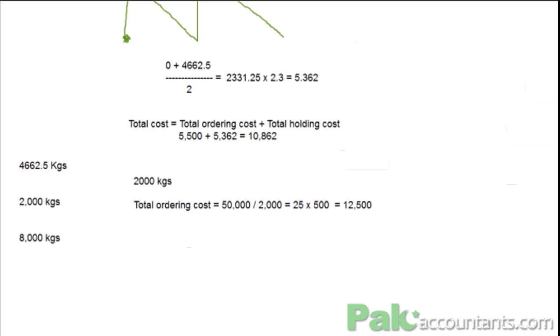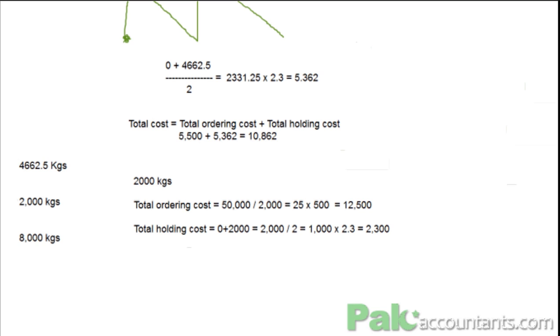Big ordering cost, and then total holding cost, however, will be 2,000 divided by 2. So 1,000 multiplied by 2.3 gives you 2,300.